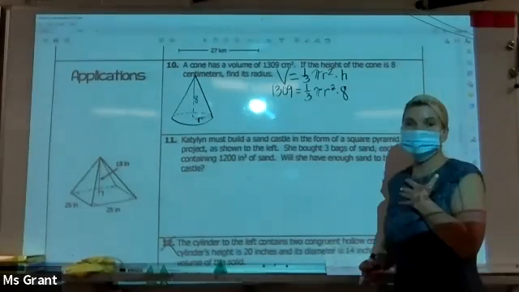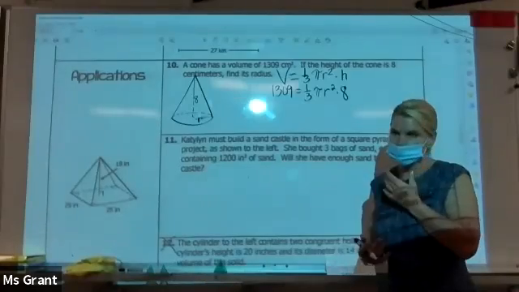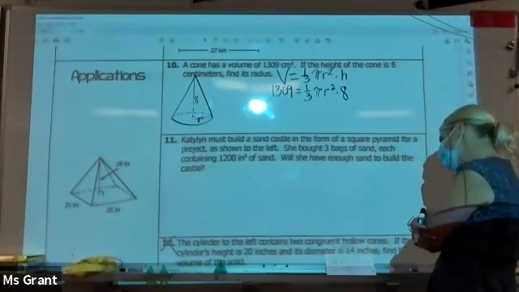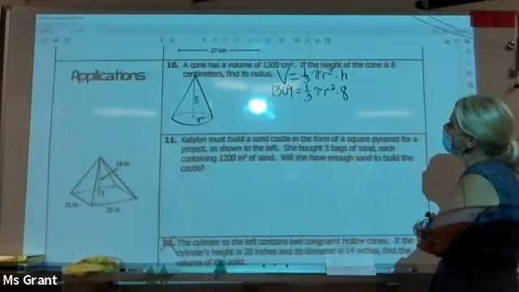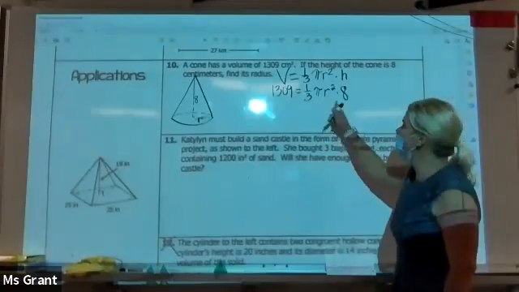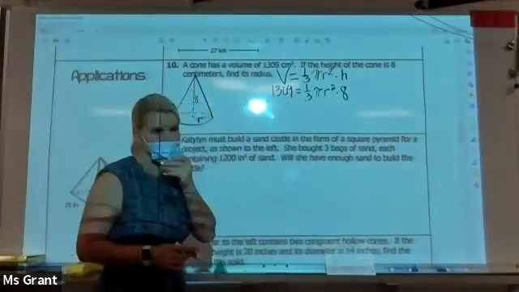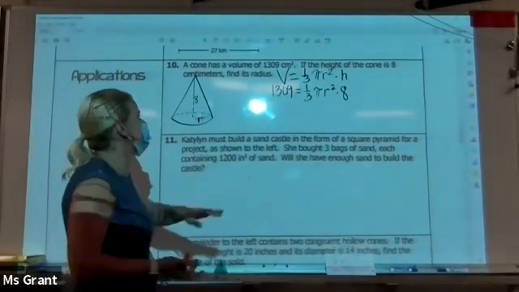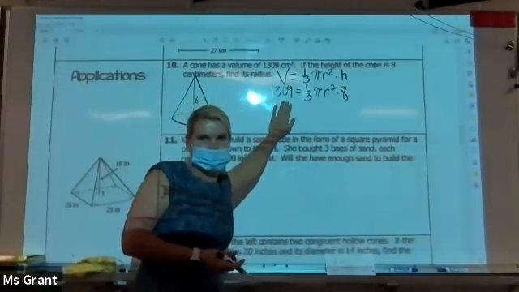So this is a matter of me doing lots. I could multiply 1/3 times 8 first. It's not going to be a nice number because I end up having to divide on both sides to get r squared alone.